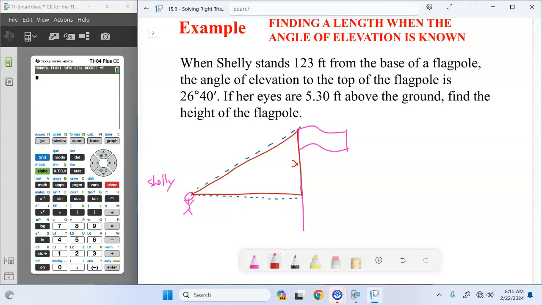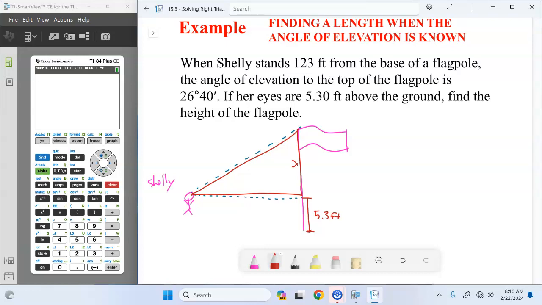How tall is the bottom part? 5.3 feet. How do we know that? That's where her eyes are. Her eyes are 5.3 feet off the ground. So below that horizontal, that distance is 5.3 feet. So that's the leftover, and we need to consider that. When we solve for x, we need to remember to include that additional 5.3 feet that's not included in that vertical measurement.